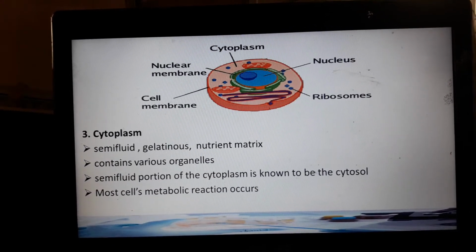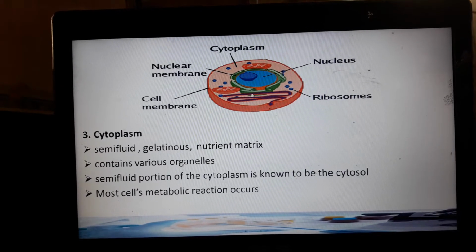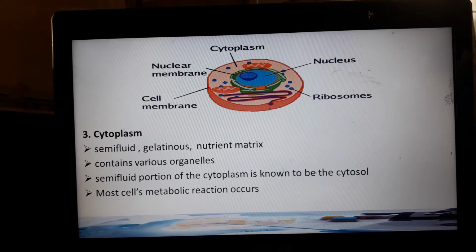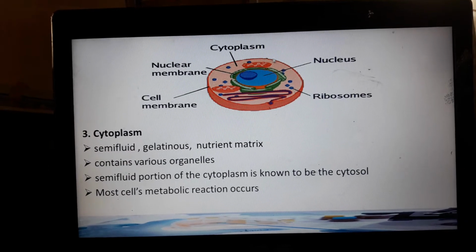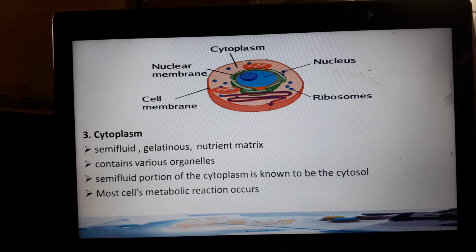Next, cytoplasm: semi-solid, gelatinous, and nutrient matrix. So usually sa cytoplasm, all organelles are found in the cytoplasm. Okay, it contains different organelles. The semi-fluid portion of the cytoplasm is known as the cytosol. Okay, it is the fluid portion that is found in the cytoplasm.